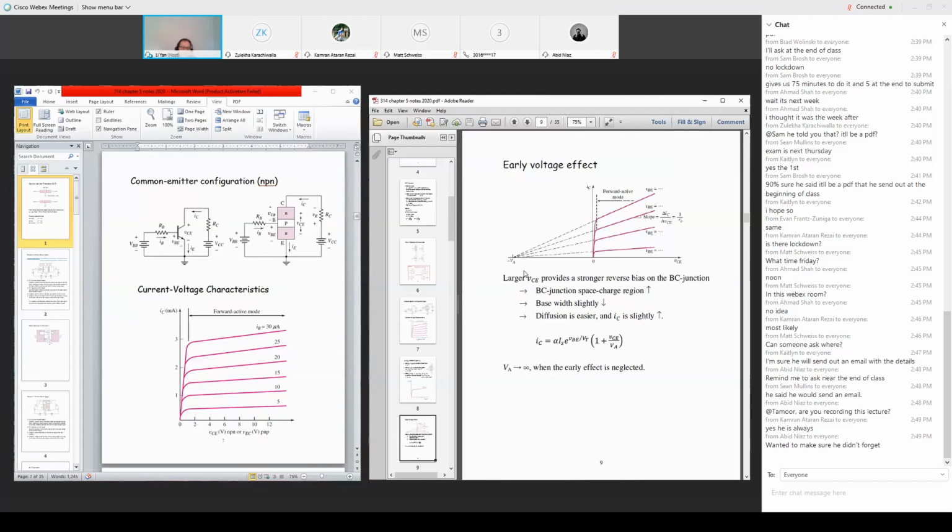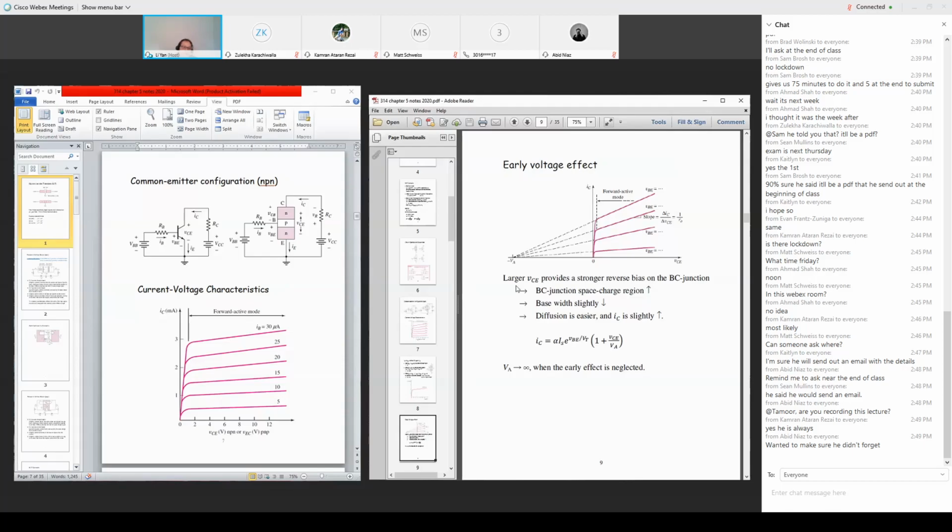Why does that happen? Well, then we have the trace. What makes this line not flat, but slightly tilting? I will explain this way. In this region I have a smaller VCE, and here I have a larger VCE. I need to explain why a larger VCE will help increase collector current.